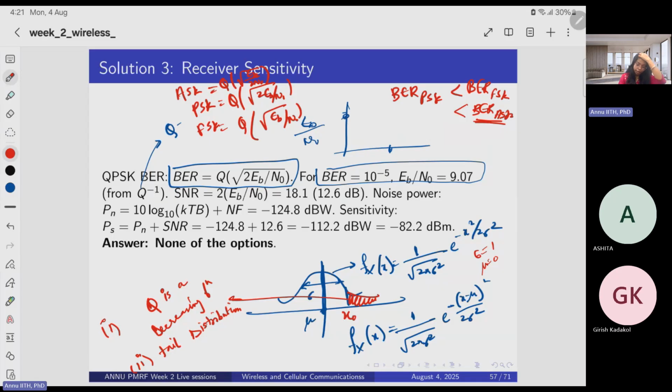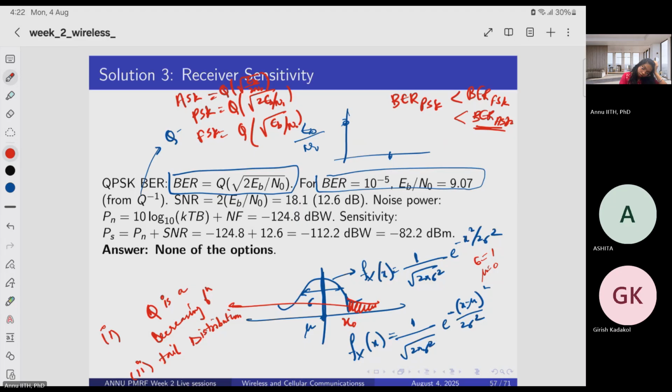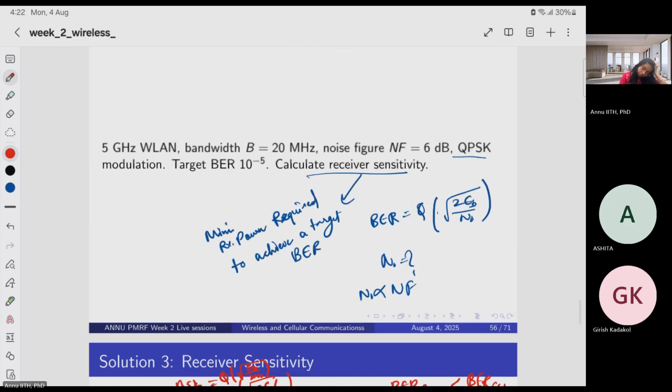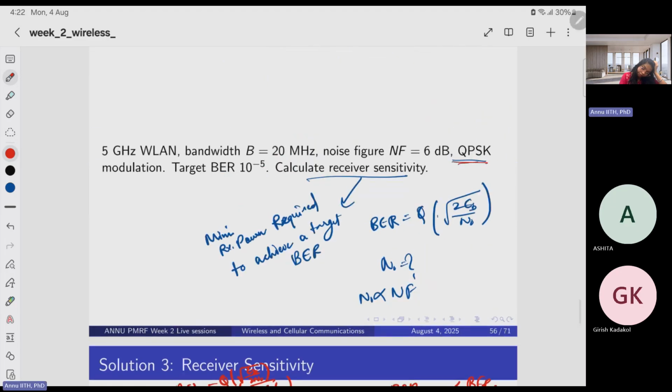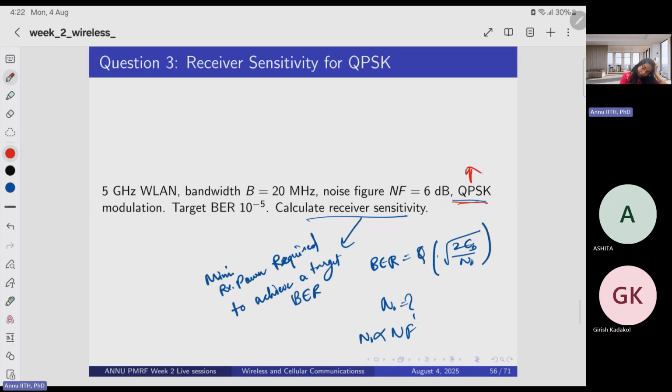And the SNR is nothing but 2 into Eb by N0. Why 2? Because it is QPSK.